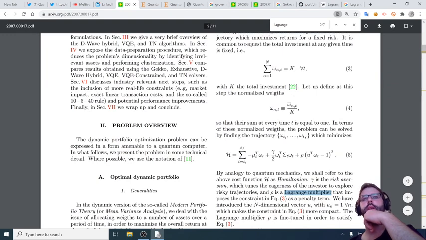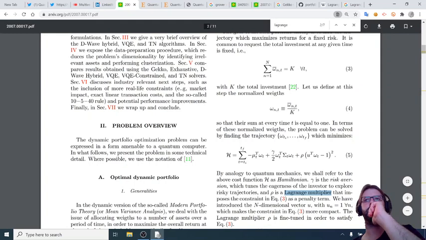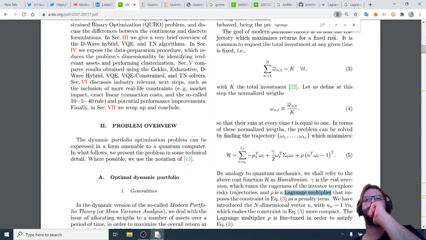So w sub nt is ds divided by k. So it's the relative investment already. It's the percentage investment. And this u sub n equals 1 for all n, which makes the constraint in equation 3 more compact.